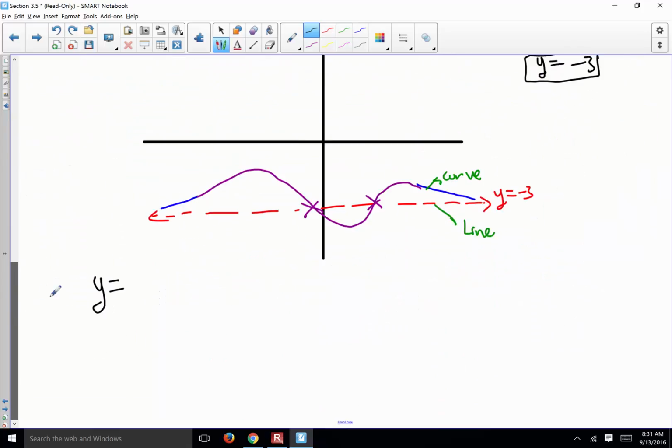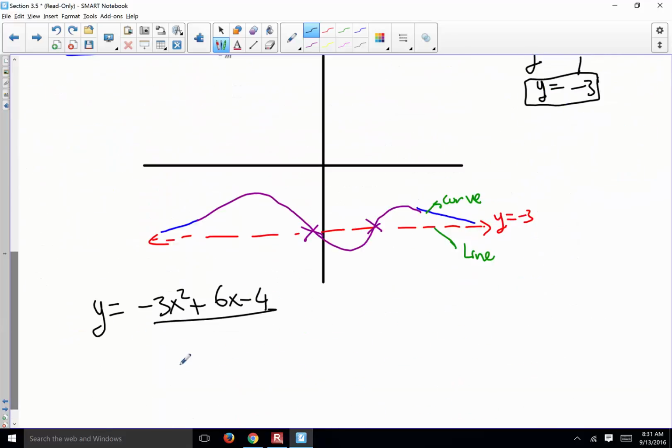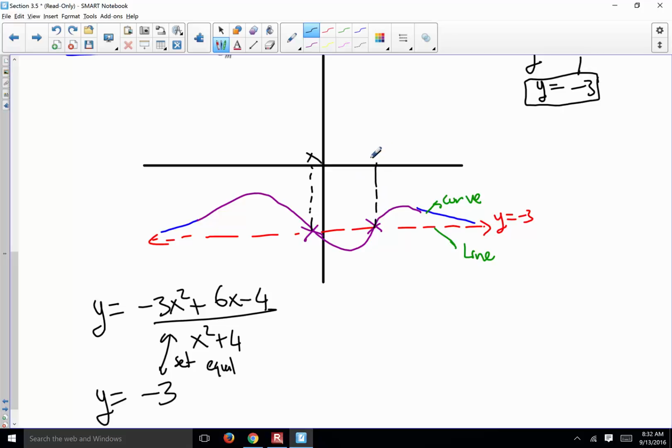That rational function, 6x minus 4 over x squared plus 4. And what is the line equation? The horizontal line equation. All you need to do is set these equal and solve for any x values showing up. One x value here, another x value there. If there are two crossings, you will get two x values. Okay? So let's do this.